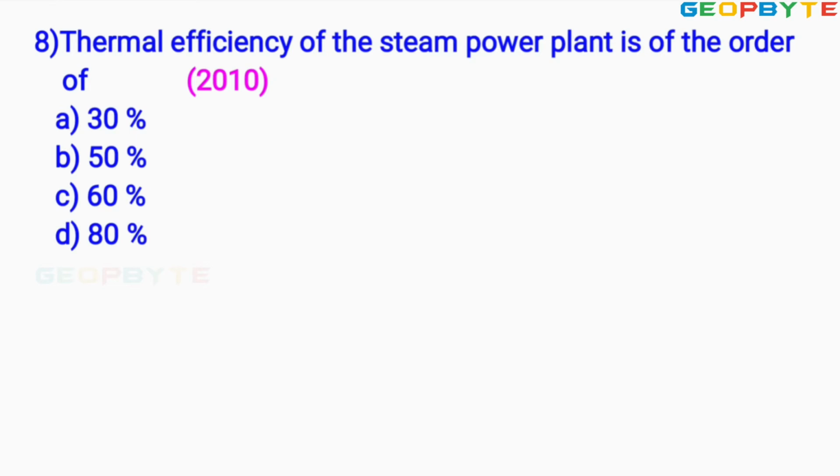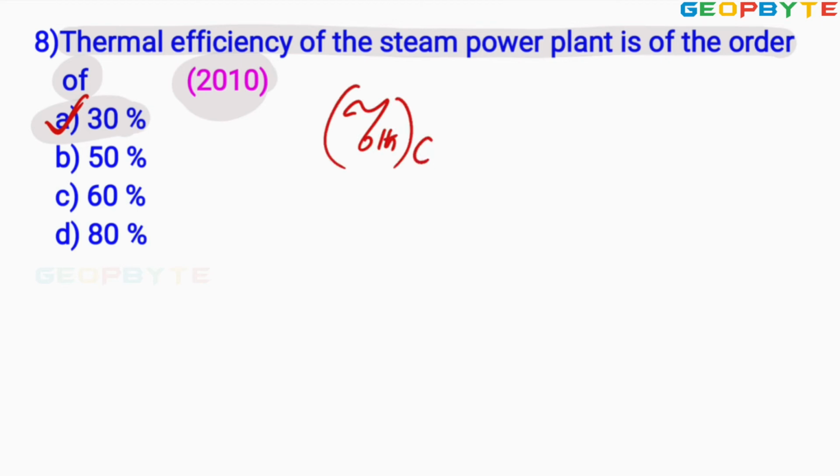Look at the eighth problem. It is also asked in 2010. Thermal efficiency of the steam power plant is of the order of around 30%. Absolutely correct. Thermal efficiency of the gas turbine power plant is approximately around 20%.